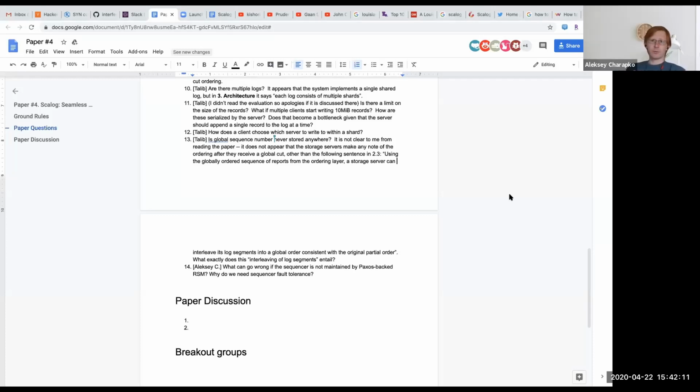I guess where I'm coming from, Murat, if you remember the AWS Aurora paper, they have a client, a single writer essentially, a proxy that has a sequence that just keeps assigning logical integer numbers.